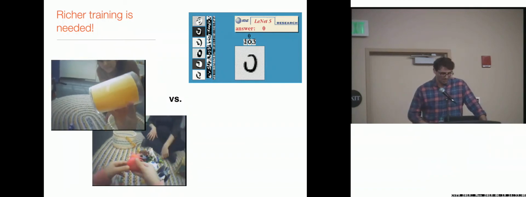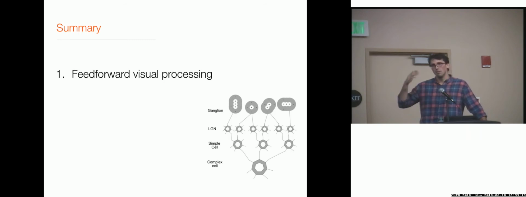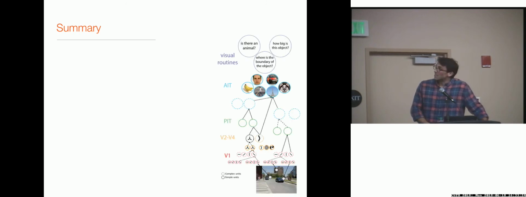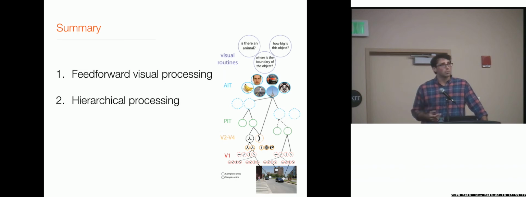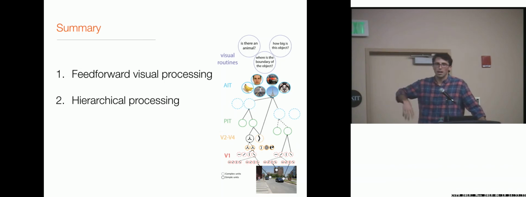So just to finish up, I've told you about this basic unit of feed-forward processing, this linear-nonlinear model, which consists of simple cells, normalizations, and complex cells. I've extended that to hierarchical processing, so repeating this computational unit in a stack was the principle behind many models for visual cortex, including HMax, and has in parallel become a part of computer vision models.